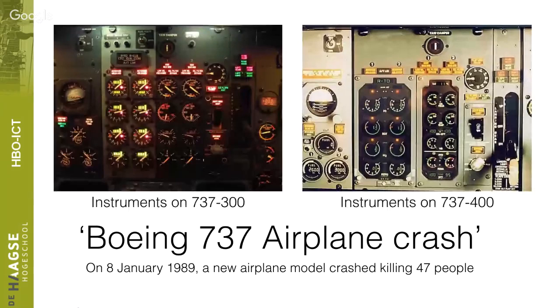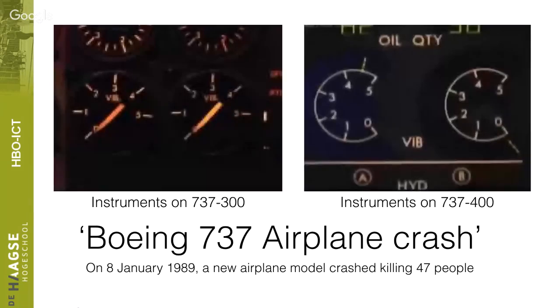And if you look at the instrument panel that the pilot and the co-pilot were looking at, this was the panel from the old airplane, but they were actually flying a very new model, the 737-400, which had a digital display that was a little bit different. And the indicator that shows the engine vibration looked like this in the older panel, and this is how it looked in the new panel. If we zoom in a little bit, you see that here we have a huge dial in the middle pointing at the number that shows you the vibration reading.